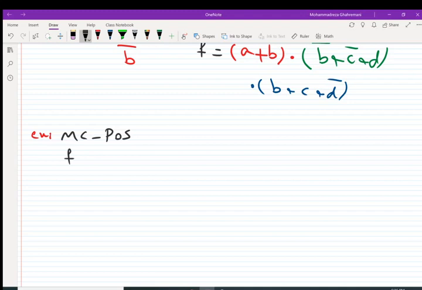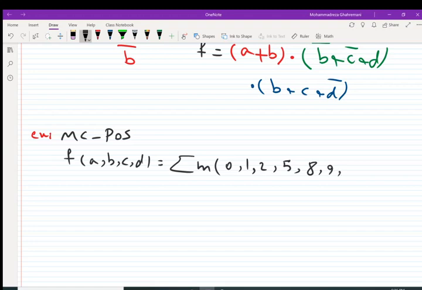F of A, B, C, D is equal to sigma of min terms 0, 1, 2, 5, 8, 9, and 10.